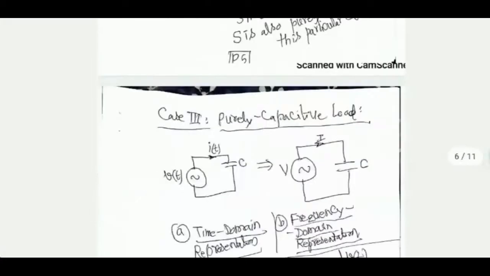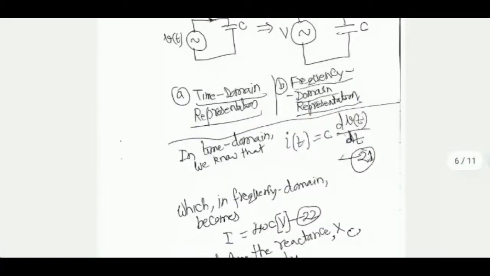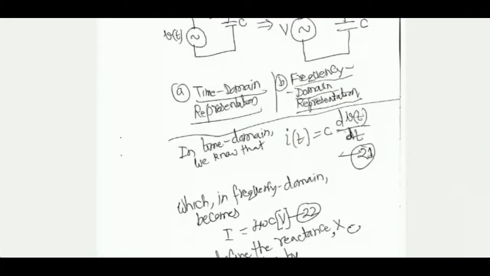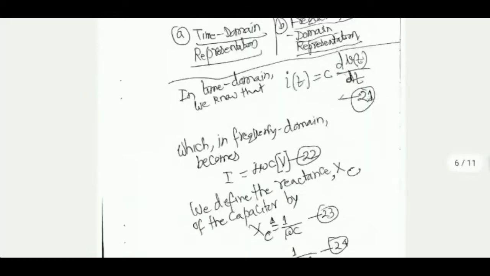Now, in case of capacitance, after this, I think I'm going to stop. The series RLC circuit we cannot begin today. In case of a capacitance, you use the well-known equation again, i(t) equal to C dV by dt. And remember that d by dt is replaced by j omega if you go to phasor domain. So you get equation 22, which controls the behavior of the circuit.